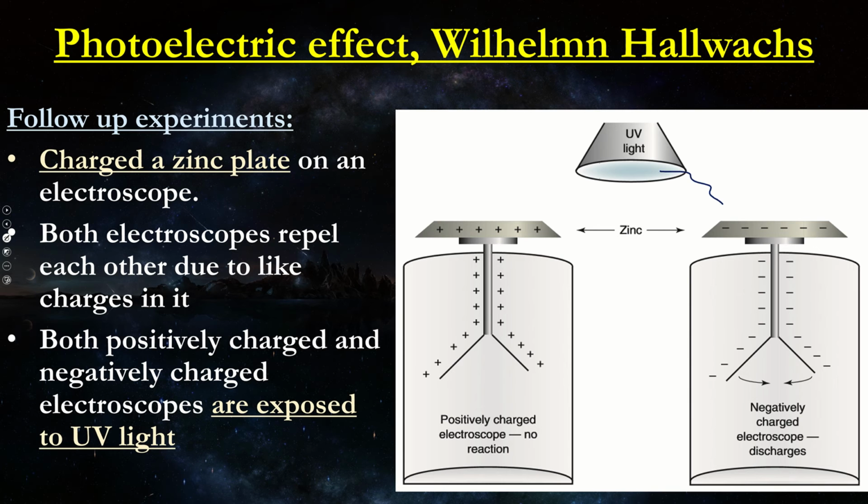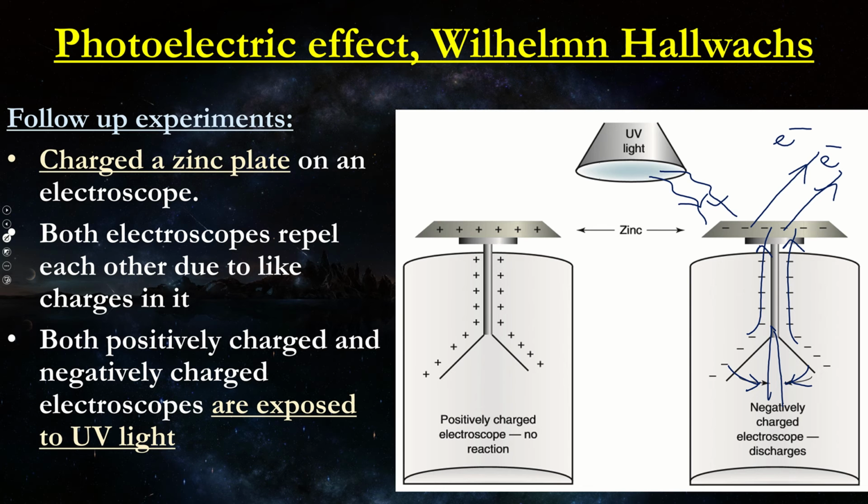However, if you used UV light and you shined it on, you actually do see electrons getting displaced and these metal leaves coming back towards each other because it's losing all that negative charge into the atmosphere.